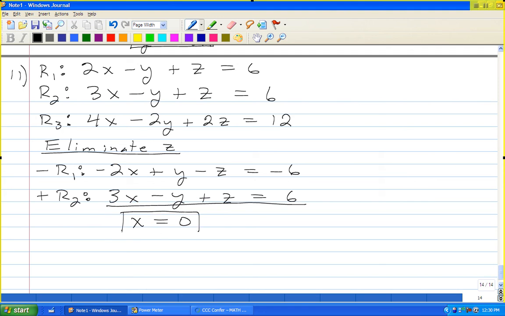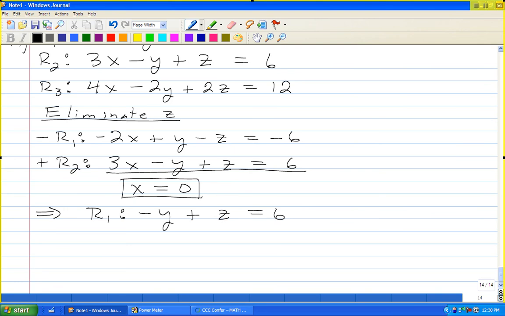But now, let me rewrite this where you can now see what's happening. So let's look at R1. R1 now becomes negative y plus z equals 6. R2, 3 times 0 is still 0, becomes negative y plus z equals 6.